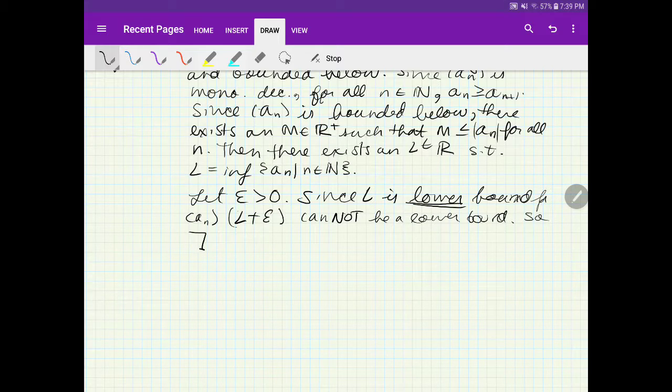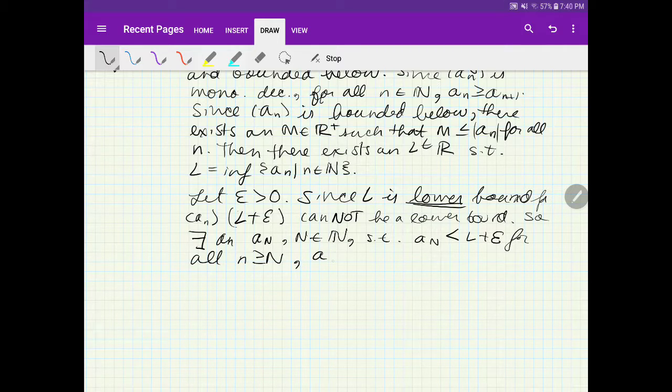So there exists an a sub cap N, where cap N is an element of the natural numbers, such that a sub cap N is less than L plus epsilon. For all little n's which are greater than or equal to cap N, you end up with a sub cap N is greater than or equal to a sub n.